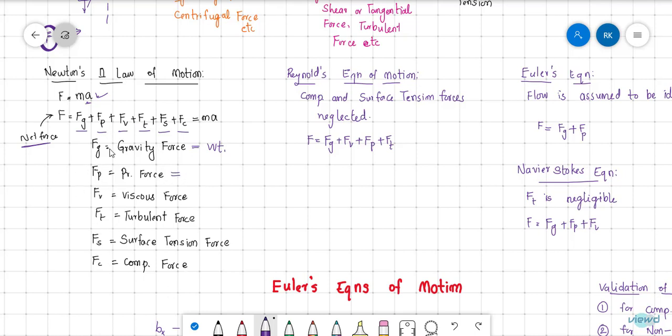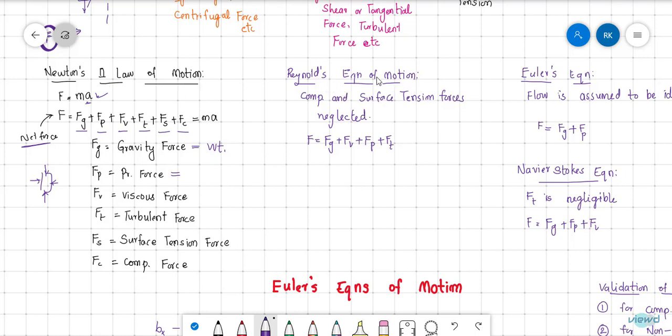These are generally the forces that we consider for fluids. The pressure force acts in the compressive direction, and next are the viscous force, turbulent force, surface tension force, and compressible force. These are all the different types of forces that may be acting on the fluid. If all these forces are considered, it is Newton's second law of motion.